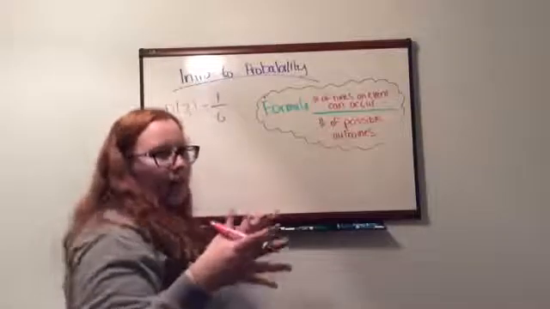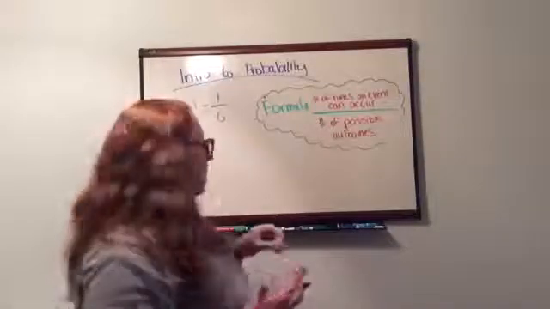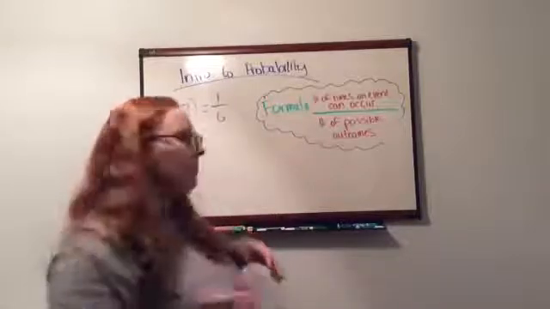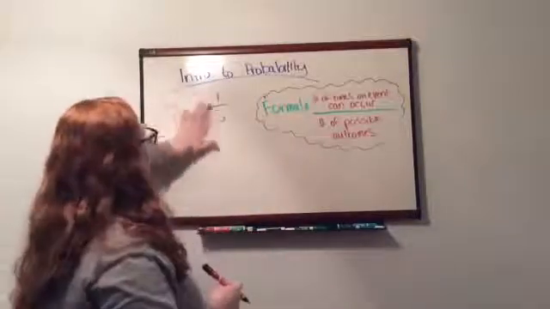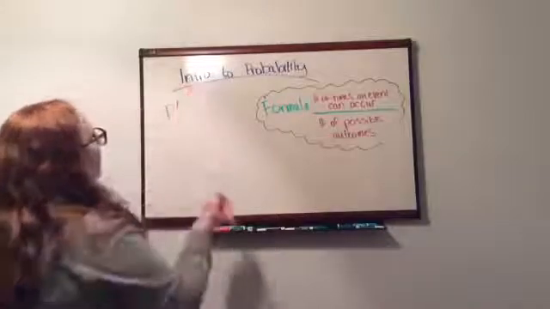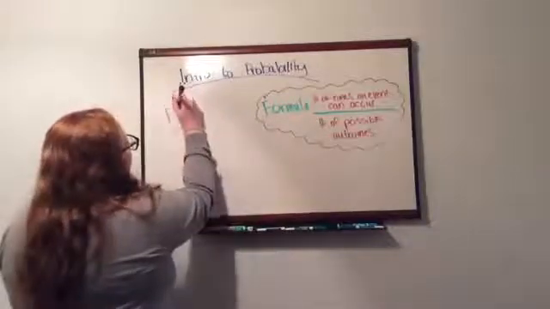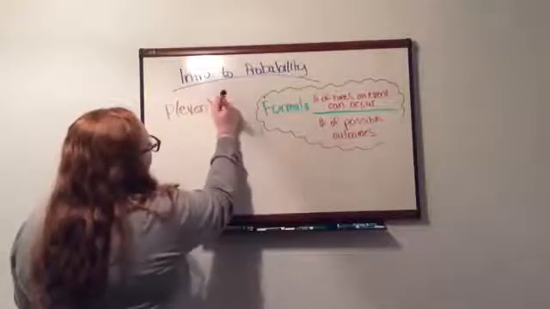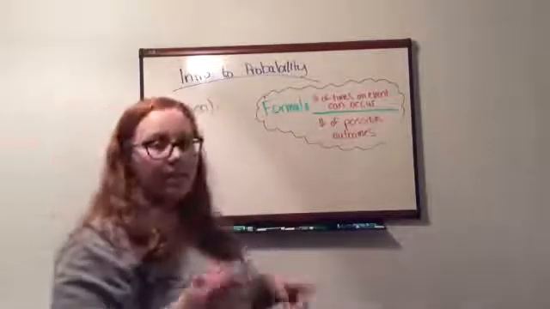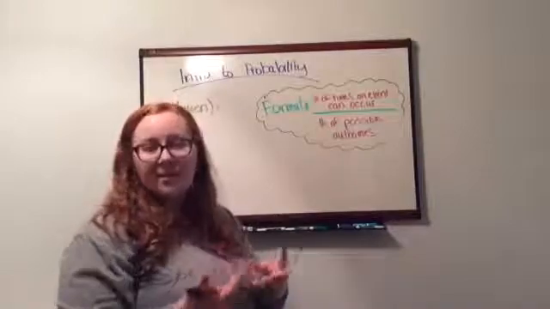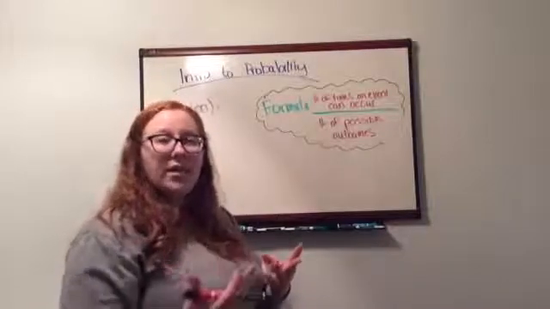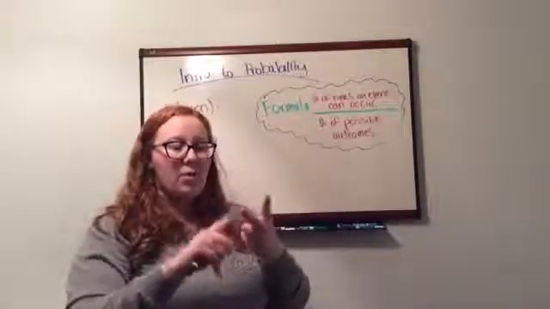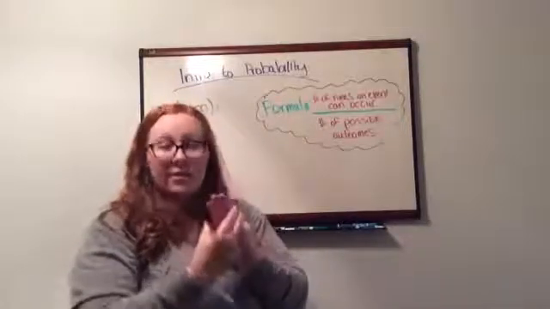Now let's look at a more complex problem. Let's say we wanted to get an even number. We're going to write it as the probability of an even number. Well, we know that 2, 4, and 6 on a 6-sided die are all even numbers. So if I roll, I could get a 2, a 4, or a 6, and those are desirable outcomes.